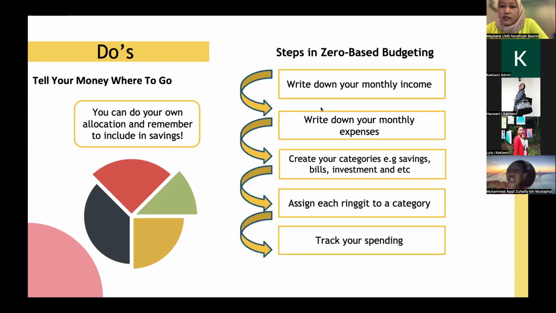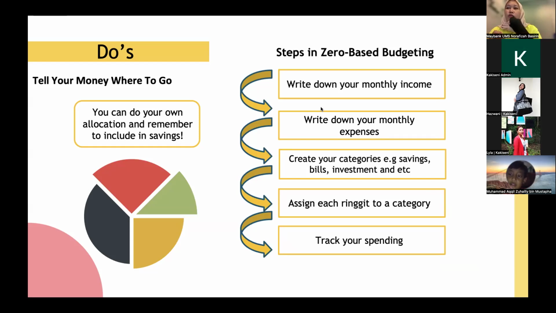After you've done so, you create the categories you want to have in your budget planning, such as your savings, bills, investment, etc. And then you assign each ringgit to a category. Make sure that your money works for you. And then after you assign each ringgit to a category, you track your spending.